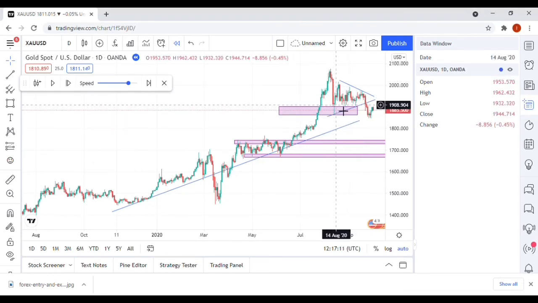If something like this forms, you need to adjust your stop loss or your take profit accordingly, so that you can get stopped out at the right time. So when a triangle like this forms, you simply wait for the breakout of that triangle and enter in the direction of that breakout.